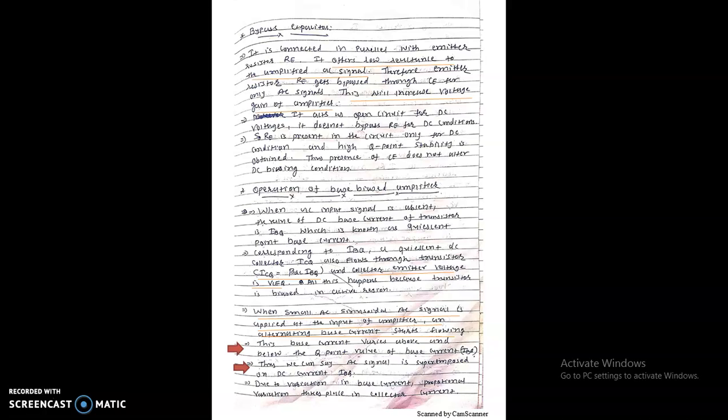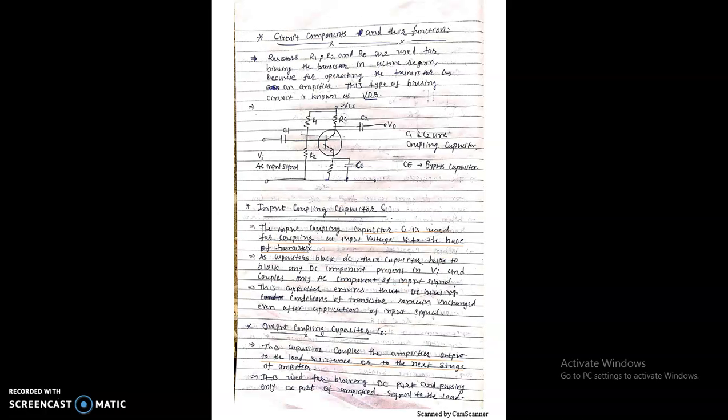This varying IC passes through the collector resistor to produce a varying voltage drop ICRC across it. This voltage drop ICRC is in phase with the collector and base current. The collector voltage is given from the figure: VC is equal to VCC minus ICRC. So with increasing ICRC, VC will be reduced.